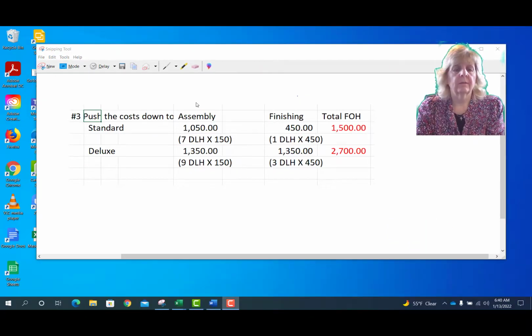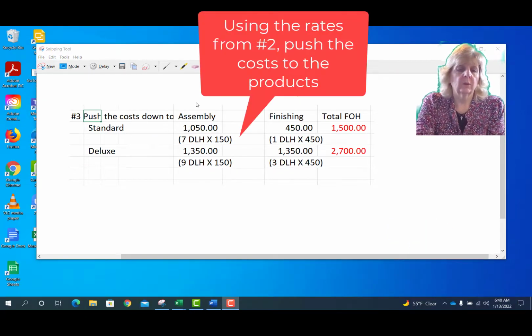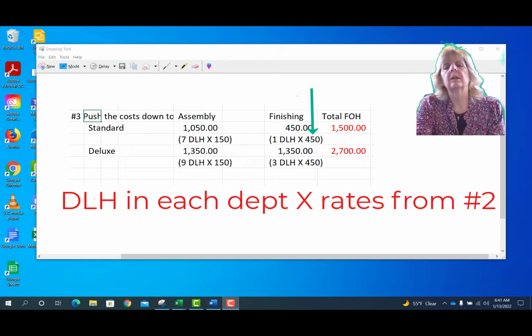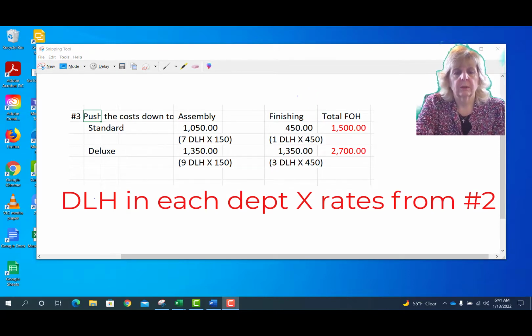In the third and final step, we're using the rates that we computed in requirement 2 and pushing the cost down to the products. In each case, we're looking at 2 different types of products, standard and deluxe, and we're using the $150 rate per hour that we calculated in requirement 2 for the assembly department and the $450 per hour for the finishing department.